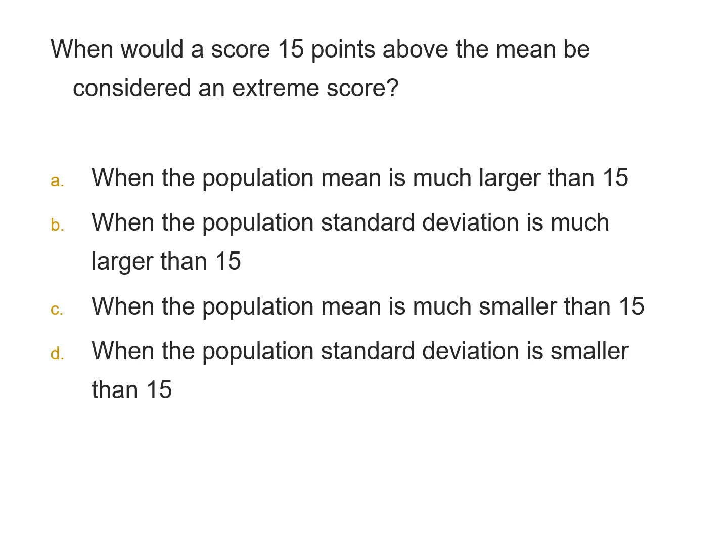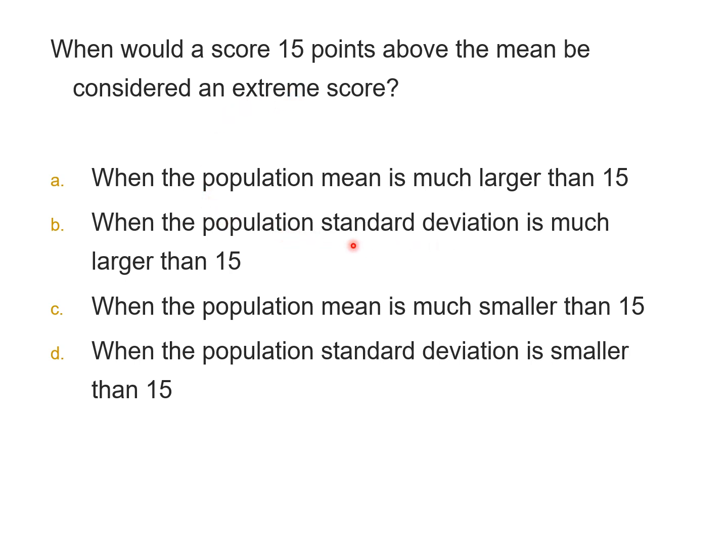When would a score 15 points above the mean be considered an extreme score? Well, a score that is this many units above the mean will look like a bigger difference under what scenario? When the average difference is very small. And what's another way to say the average difference?